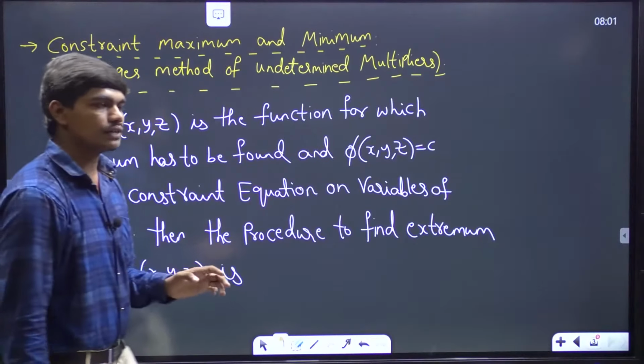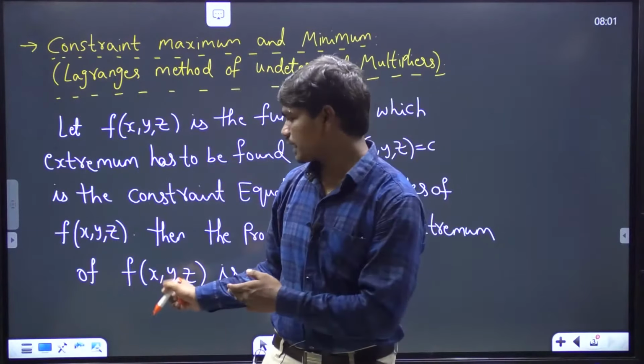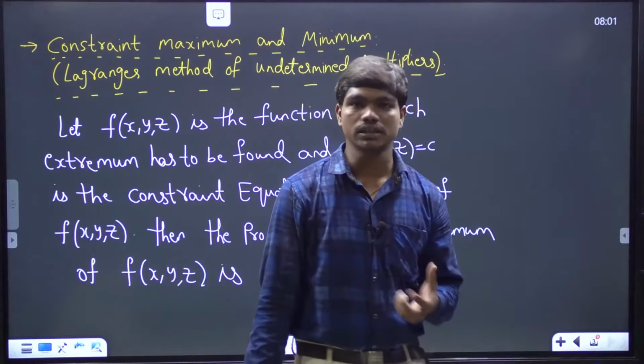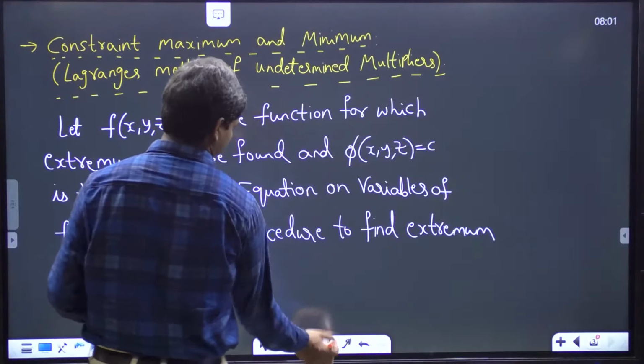Now you have a function for which you need to find the extremum, and you have a constraint equation phi of x, y, z equal to c. Let us see how we'll proceed ahead.